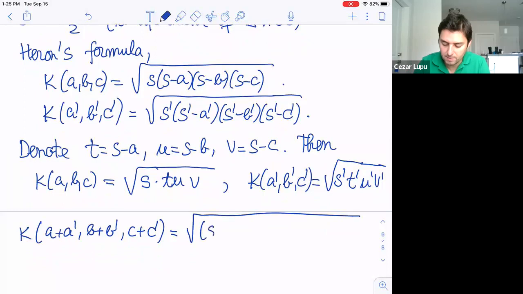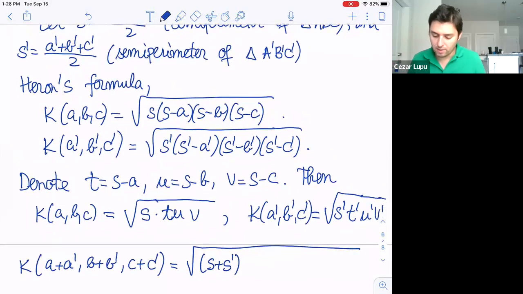It's clear that it's S plus S prime, right? Because you add the two. But now what about the others? What is A plus A prime, using these notations?